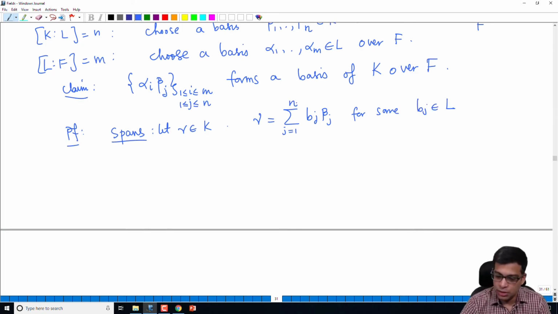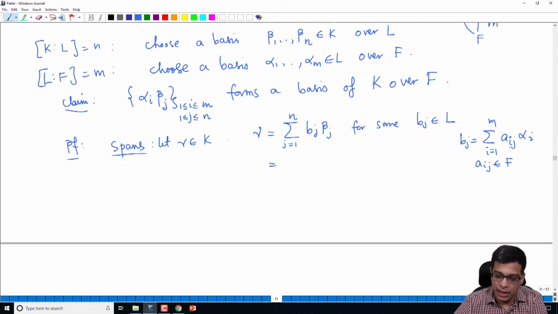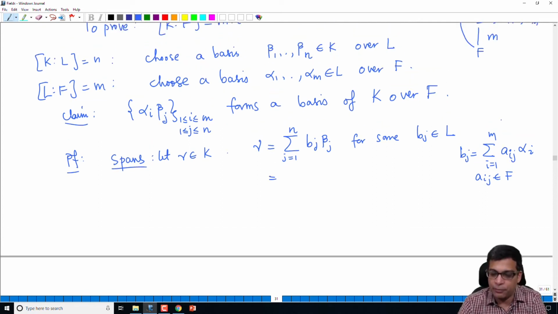This is because capital K has a basis beta j's over capital L. So small b_j's are in L. But because b_j's are in L, b_j's can be written as a summation of a_ij alpha_i, i equal to 1 to m, and a_ij in F. So because b_j are in L and alpha 1 through alpha m are an F basis of L, each b_j can be written as a linear combination of alpha i's.